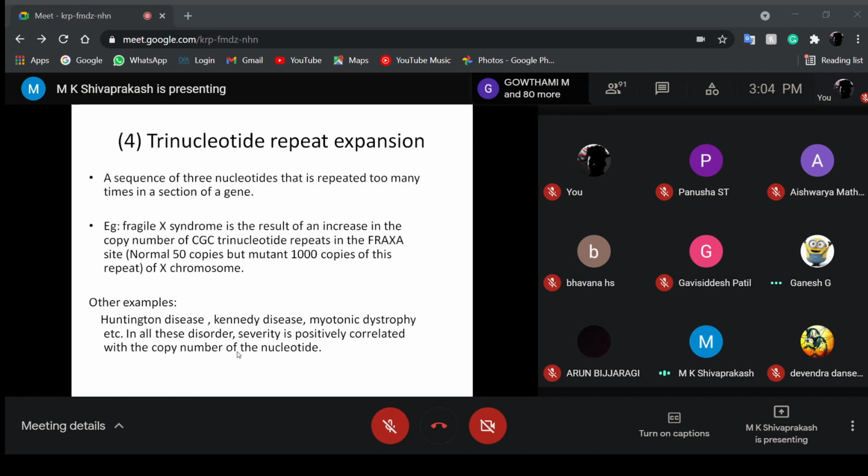Then trinucleotide repeat expansion: a sequence of three nucleotides that is repeated too many times in a section of a gene. For example, Fragile X syndrome is the result of an increase in the copy number of CGC trinucleotide repeats at the FRAXA site of the X chromosome.